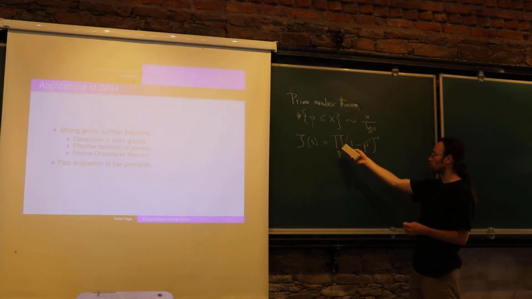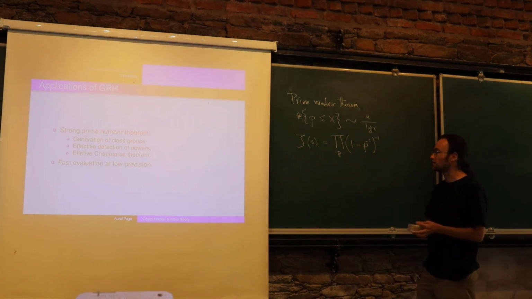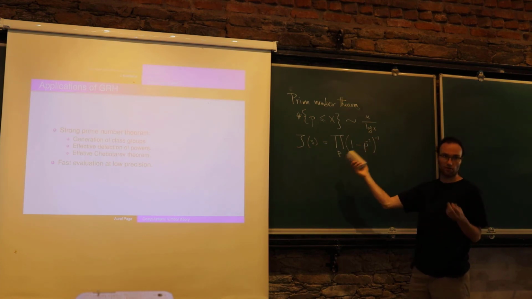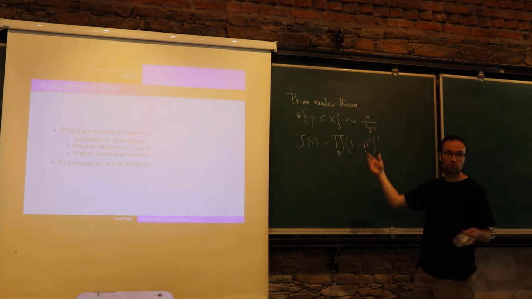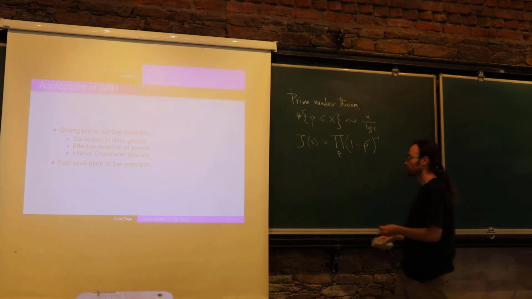To go from a product to a sum, you want to take a log. In fact, it's slightly nicer analytically to take not the log but the logarithmic derivative, because the log derivative preserves meromorphic functions. The log derivative of a meromorphic function is meromorphic. You don't get nasty singularities.